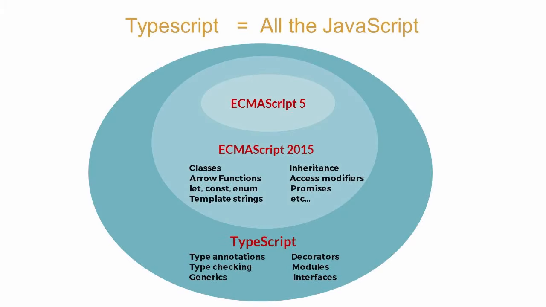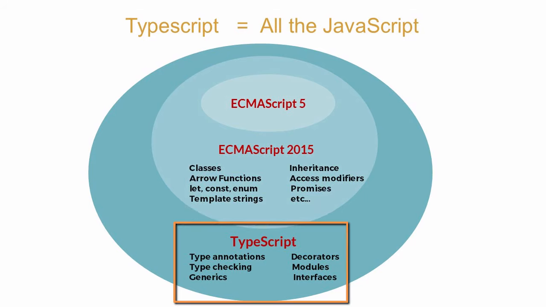This diagram represents the all-encompassing features that TypeScript includes. So you can write TypeScript code using all of the features of ECMAScript 5, which is the current version of JavaScript. You can also use all of the new features of ES 2015, which includes arrow functions, module loading, classes, inheritance, let and const variable definitions.